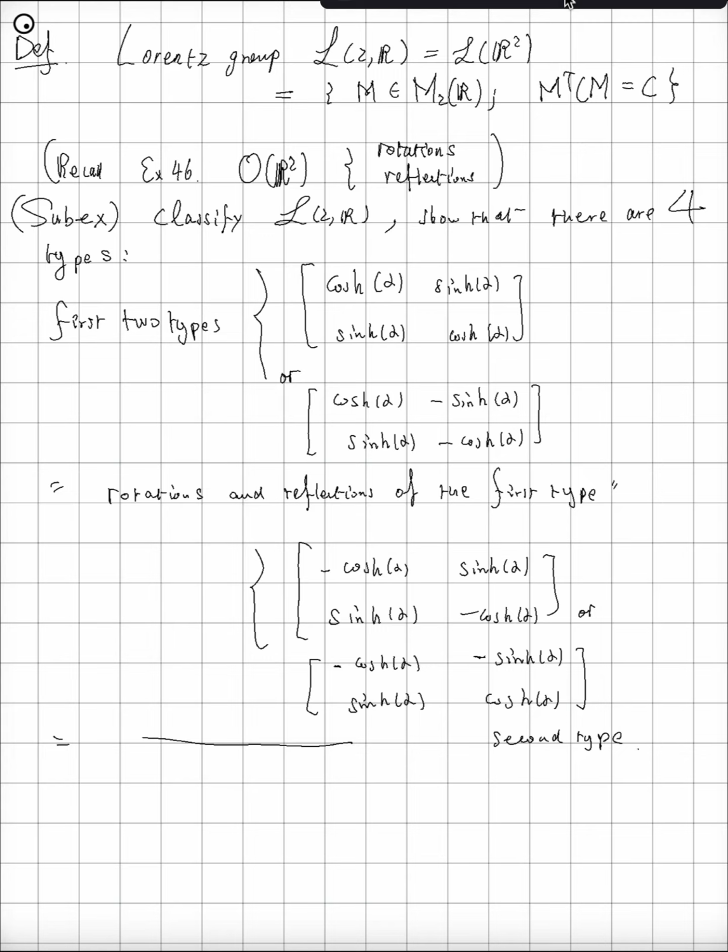And show this is a group, and then it has two subgroups of interest. So the first is L plus, the group of rotations of both kinds, so the group of rotations of the first type and second type.